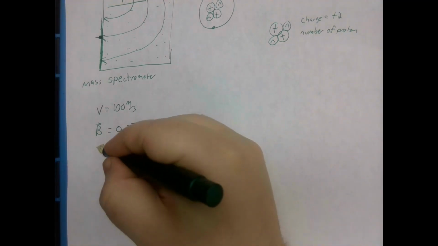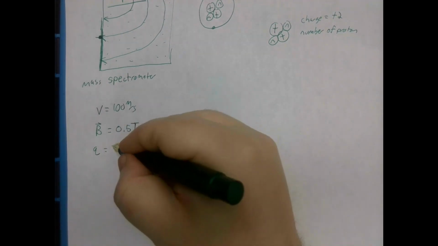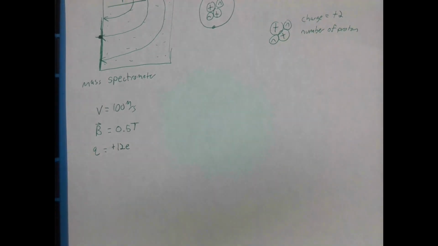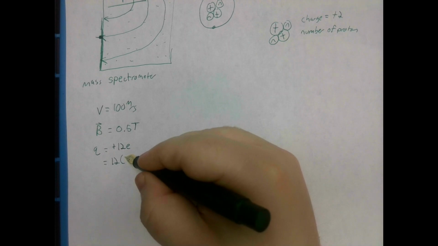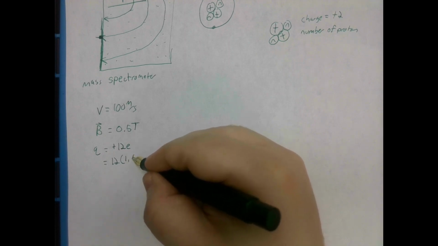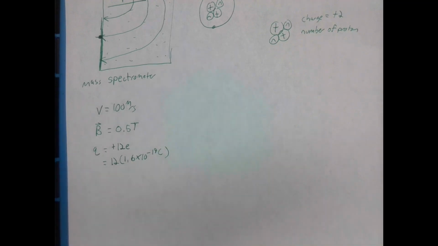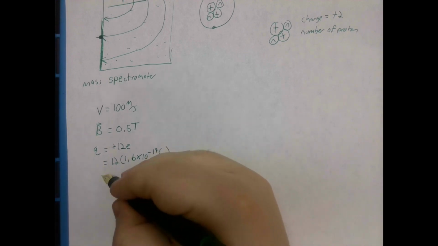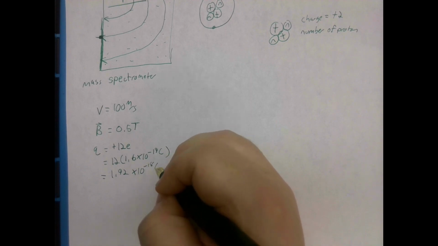And let's make our Q, carbon's a good one, equal to 12e. So that'd be 12 times 1.6 times 10 to the negative 19, which is 1.92 times 10 to the negative 18 coulombs.